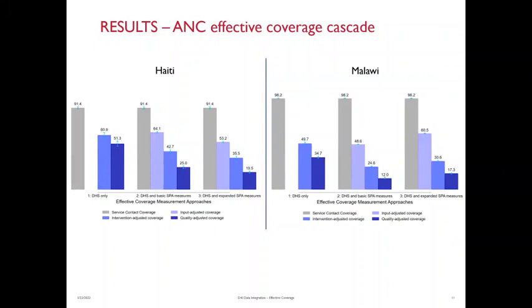For approaches 2 and 3 in this antenatal care example, one thing to note is that there's a pretty steep drop off between the crude coverage measure, so that first gray bar, and then the input adjusted coverage, that lavender bar, which accounts for facility readiness to provide the service.